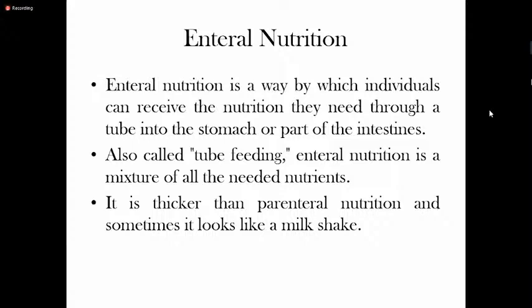Enteral feeding is a feeding in which a mixture of substances, all nutrients needed, are supplied through a tube. It sometimes looks like a milkshake or yogurt. So these patients who have tube feeding get food in a more concentrated manner.